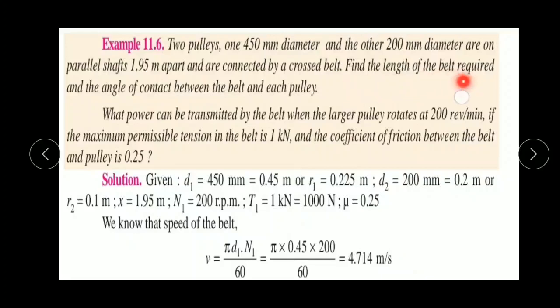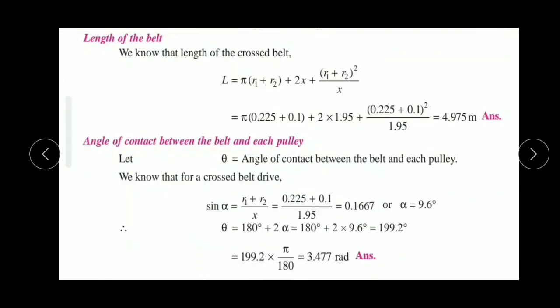Next, we have to find out the length of the belt. For an open belt the length formula is different, and for a cross belt the length formula is different. So here we use the formula for the length of a cross belt. Length of belt for a cross belt, L equal to pi times (R1 plus R2) plus 2x plus (R1 plus R2) whole squared upon x.